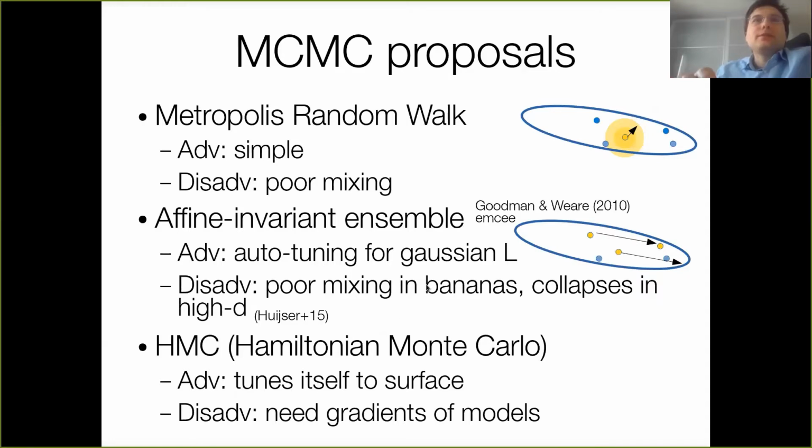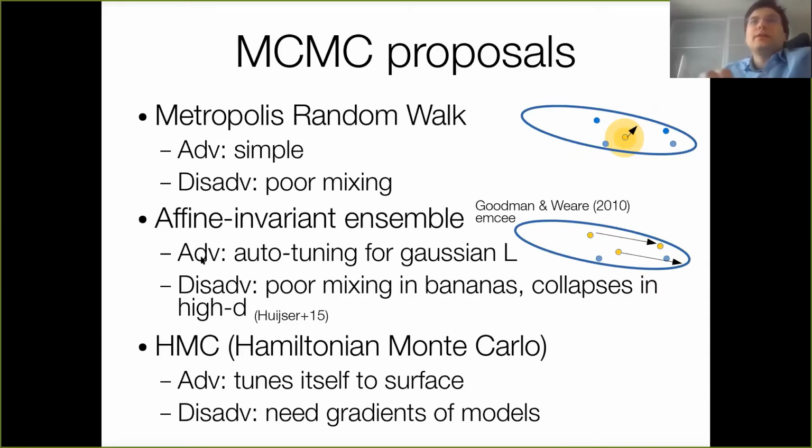The advantage of Metropolis-Hastings is that it's relatively simple to implement, but it has a lot of difficulties getting to very different or very far regions of the parameter space. So the mixing of this is relatively poor.